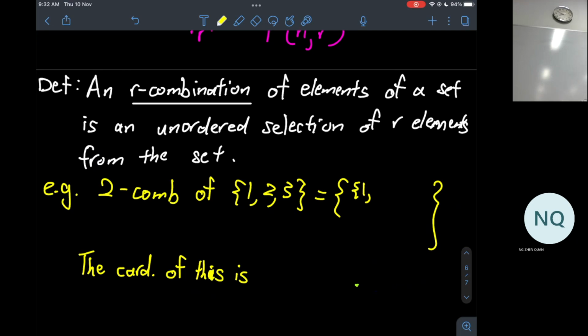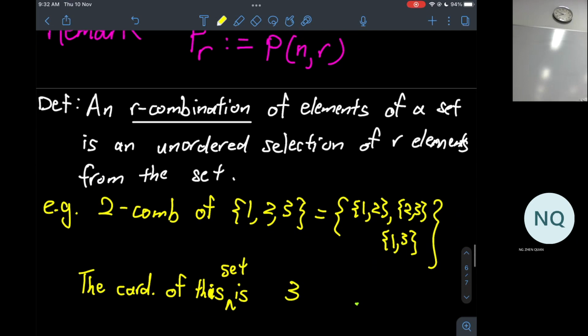So you have {1,2}, {2,3}, and {1,3}. These are all the two-combinations of three elements, so the cardinality of this set is 3. Notice that I changed the notation here.